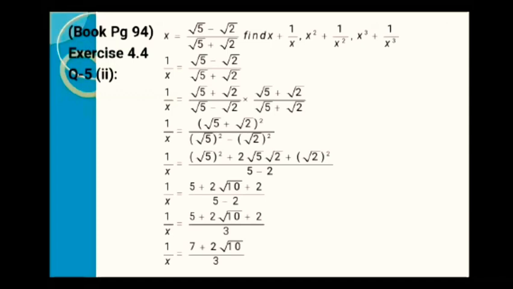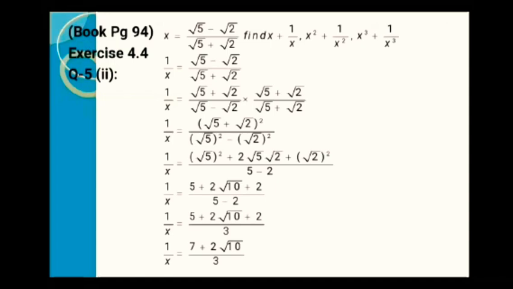Clear, students? We have taken the reciprocal of x, which will become 1 over x. Now multiply by the conjugate of the denominator: the denominator is under root 5 minus under root 2 and its conjugate is under root 5 plus under root 2. Multiplying and dividing it by the 1 over x value.